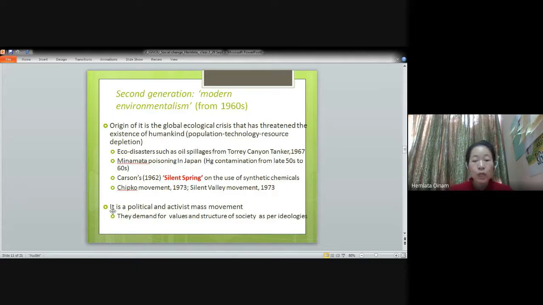So we can say that whenever we talk about social and environment-based movements, it is always political, and activists are the ones who have usually captured the platform to attract the attention of the world communities, and they demand world values and structure of society as per their ideologies.